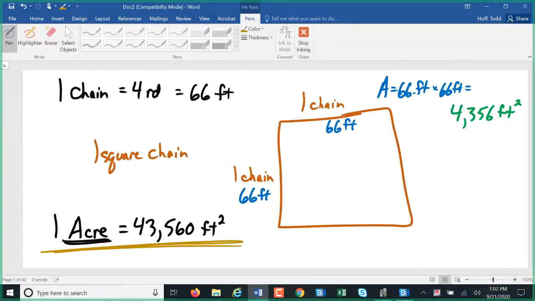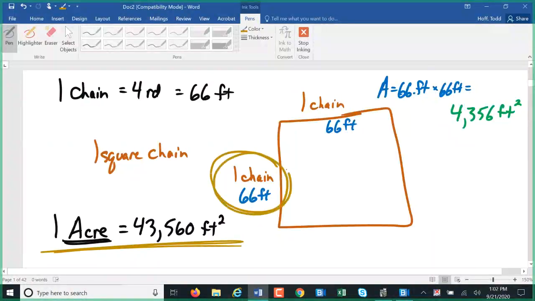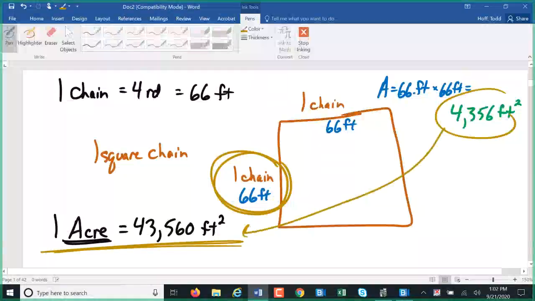Well, the reason it's kind of a mystery to most people is they've never seen the unit, the chain. When we see that, we can tell that 1 acre is nothing more than 10 square chains. And that's actually what it was defined as. That's where it came from, is 10 square chains.